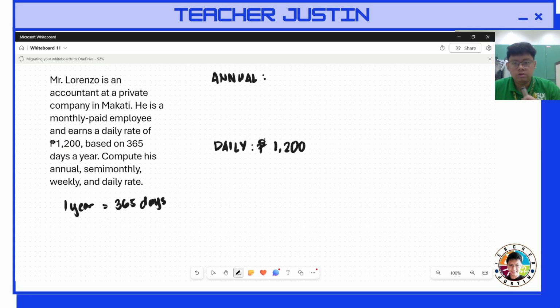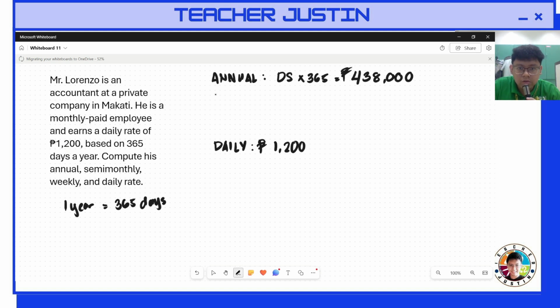So we will multiply the daily rate of Mr. Lorenzo by 365 to get his annual salary. So 1,200 times 365, and that will give us 438,000 pesos. That is his annual salary.